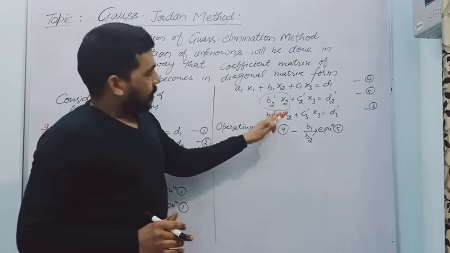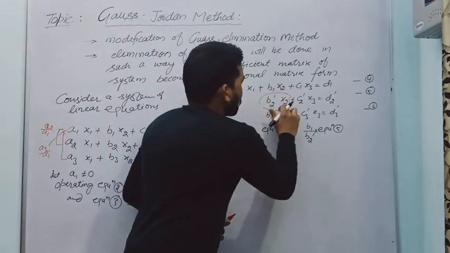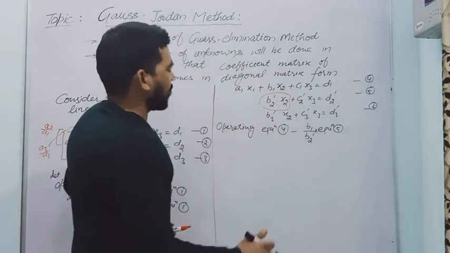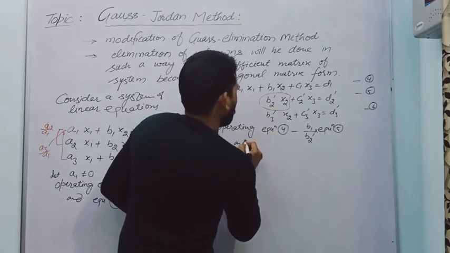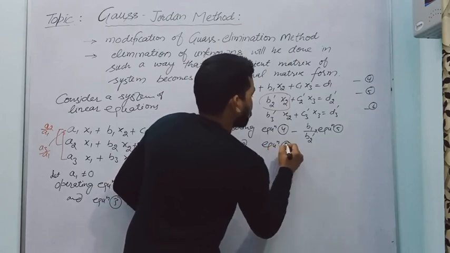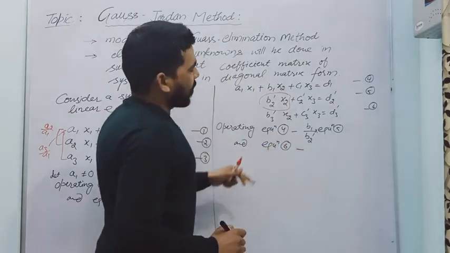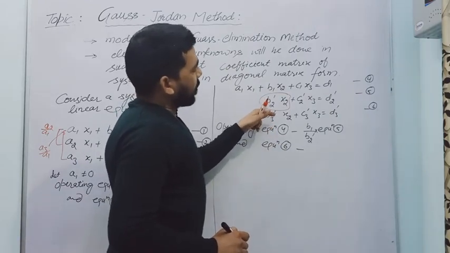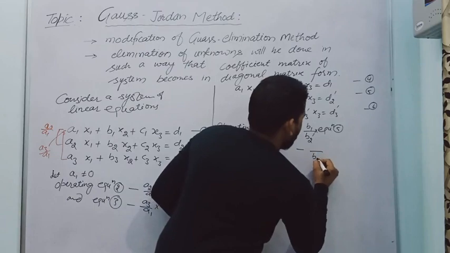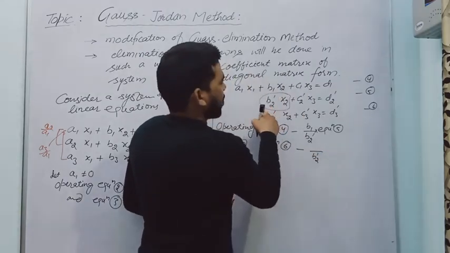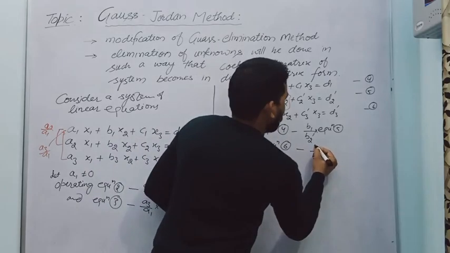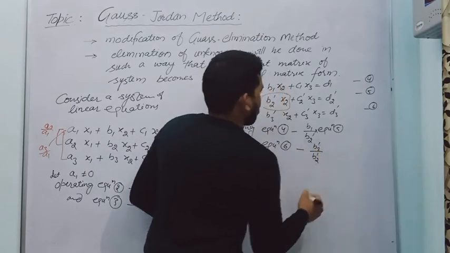Then by using this one, you have to eliminate x2 from equation number 6 also. So I do the operation equation number 6 minus, here we do not need b2 dash, so divide by b2 dash, and we need b3 dash there to subtract. So we multiply by b3 dash.